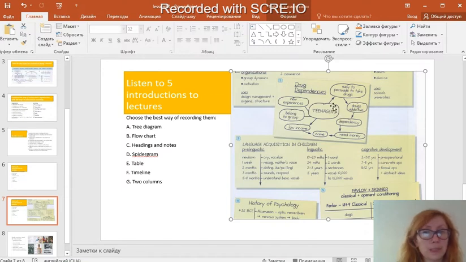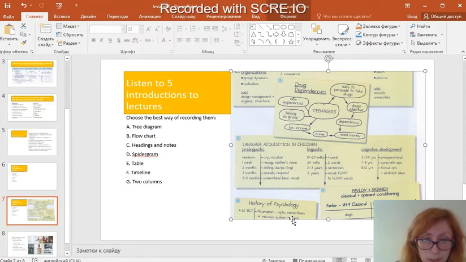Then they suggested to use for the second lecture describing drug dependencies flow chart. Here we have got this language acquisition in children with different dates, times, ages. So timeline, it's a very good option.